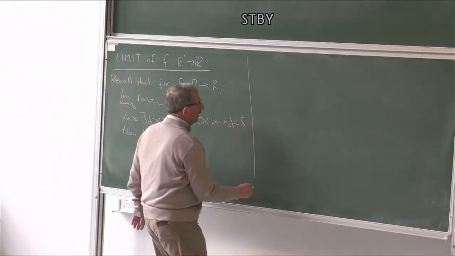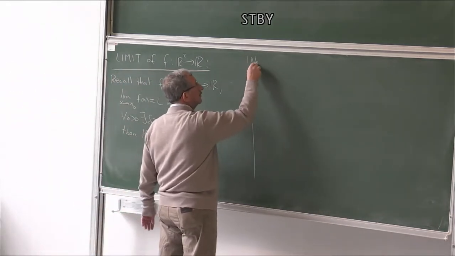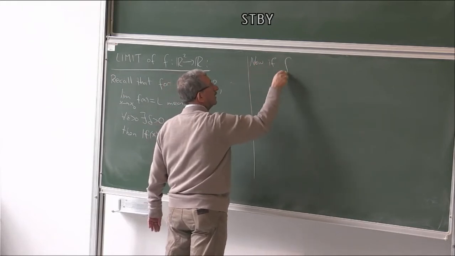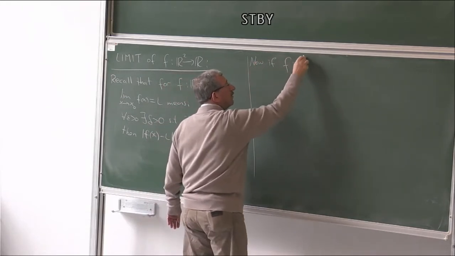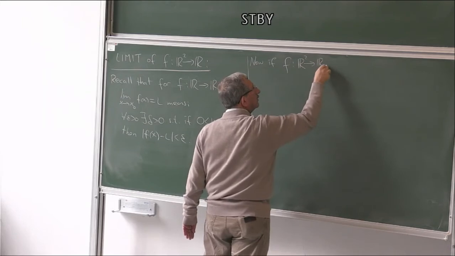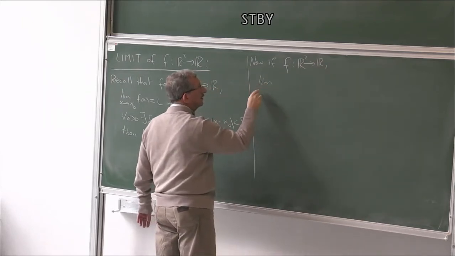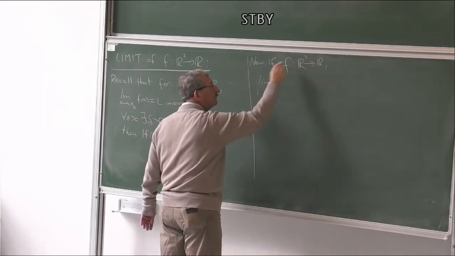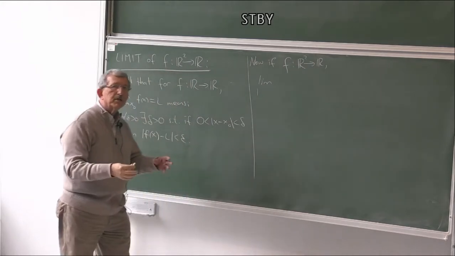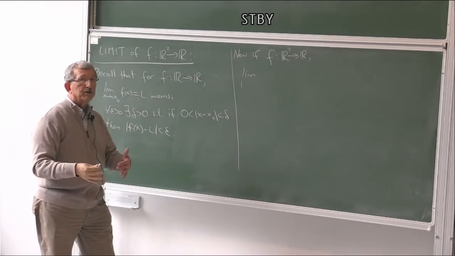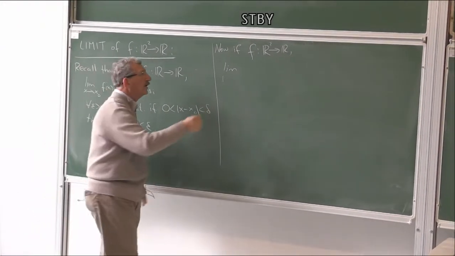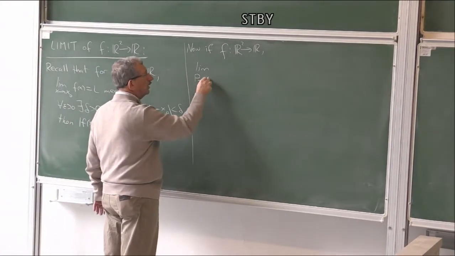Now, for our case, if f is from R2 into R, of course, now we have to take our variables from the domain, which is R2. So I will show it with P going to P0.